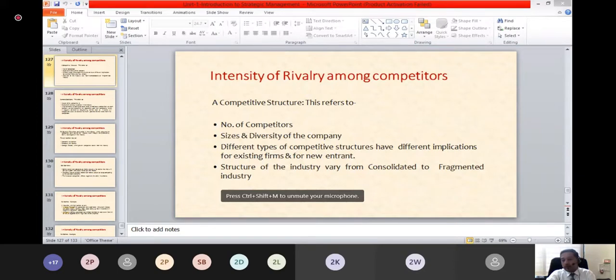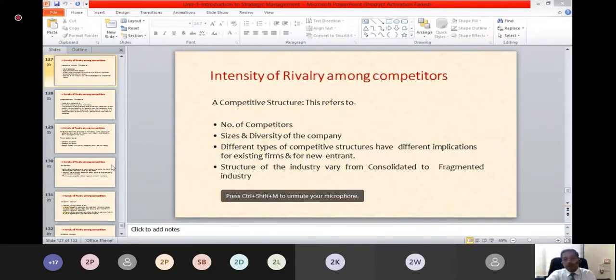What type of competition is there? What is the structure of that particular competition? That can be understood by measuring parameters like the number of competitors in that particular industry, the sizes of all those competitors, and the diversity of the companies.